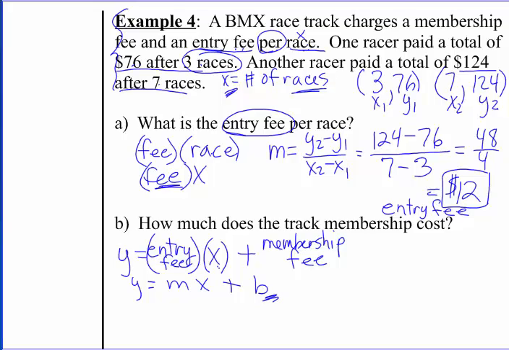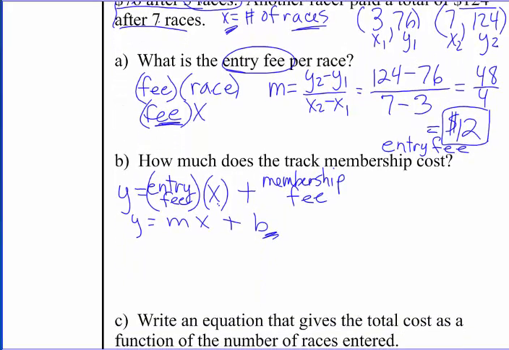So let's plug in what we have. I have an entry fee, which is my m. So y equals 12x plus b. b is what I'm trying to find. So use one of your points. So maybe the 3, 76. So the y value is 76. 12 times 3, because the x value is 3, plus b.